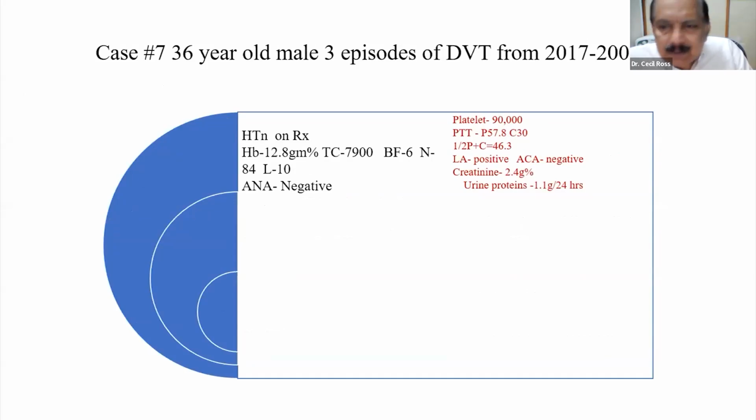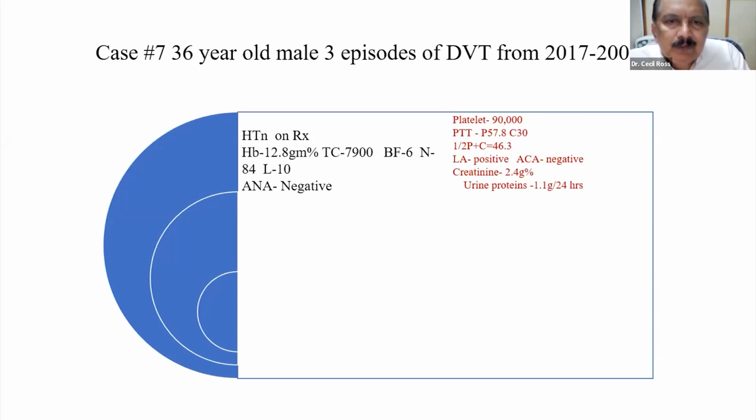I think this is the last case. Okay, so this is a 36-year-old male. He has had 3 episodes of DVT from 2017 to 2022. Patient was hypertensive, on treatment.